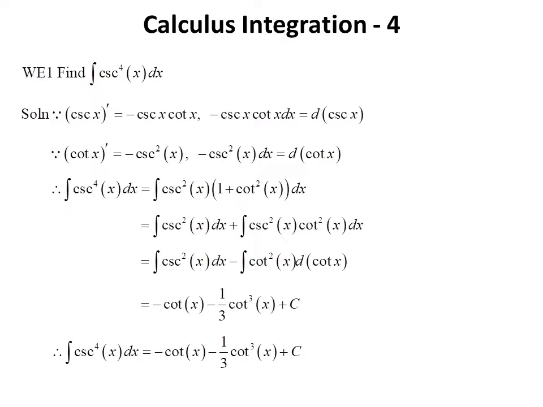Therefore, the antiderivative equals negative cotangent x minus 1/3 times cotangent cubed of x plus c.